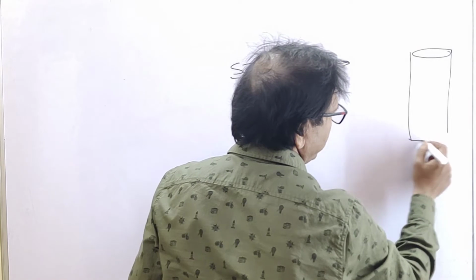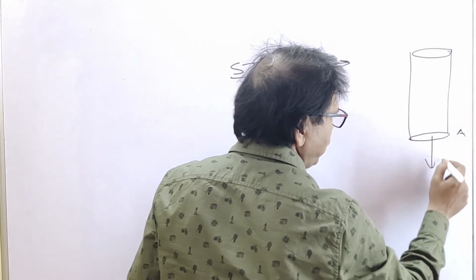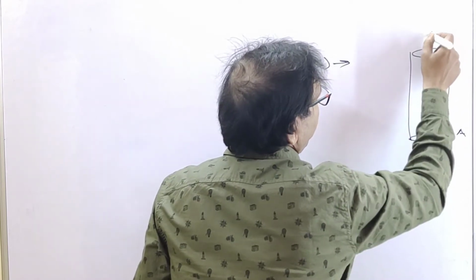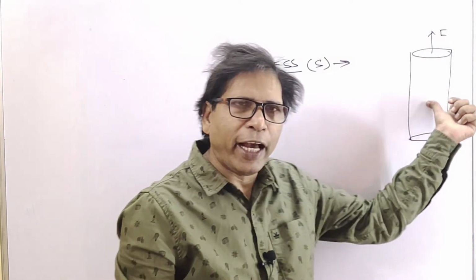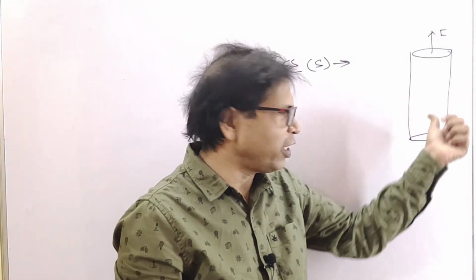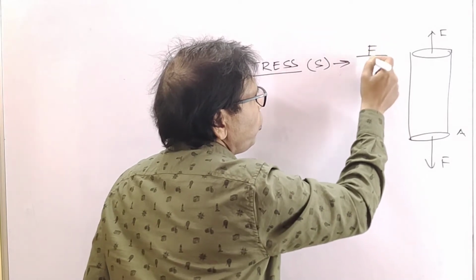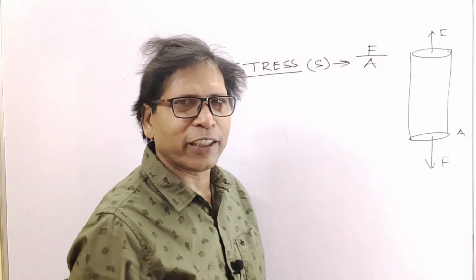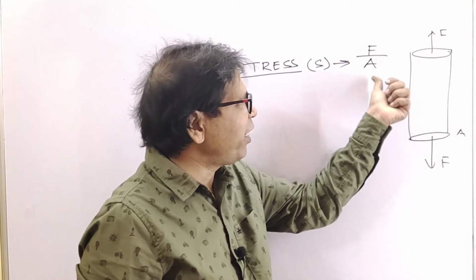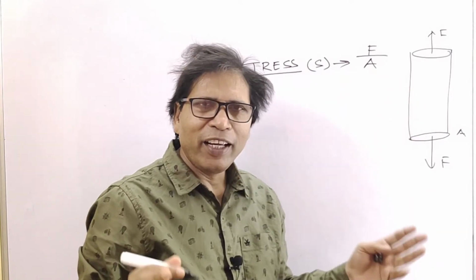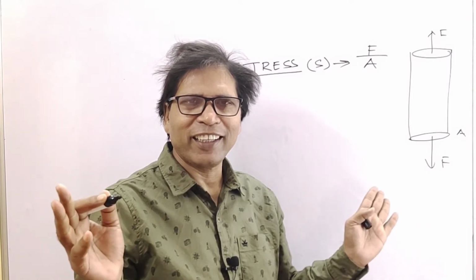Its area of cross section is capital A. A balanced force F and F acts on it. So the reaction force produced within it, according to Newton's third law of motion, is also F. So stress is the reaction force produced per unit area of cross section. Its unit is Newton per meter square and dimension is M L^-1 T^-2, just as pressure.